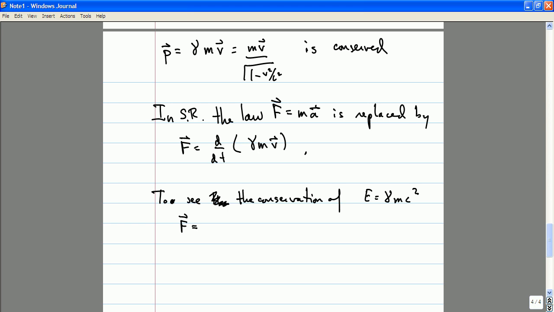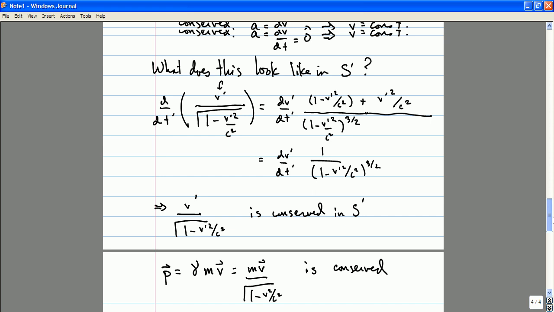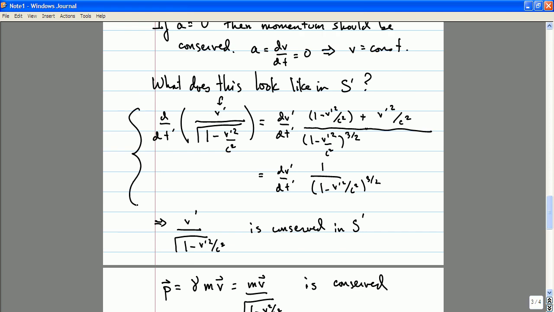So this is d by dt of gamma mv. And as we just saw above, this is the exact calculation that we did above. This is dv by dt times gamma cubed. So all I'm doing here is repeating the statement that I derived above, with this factor of 1 over 1 minus v squared over c squared to the 3/2 power, otherwise known as gamma cubed.